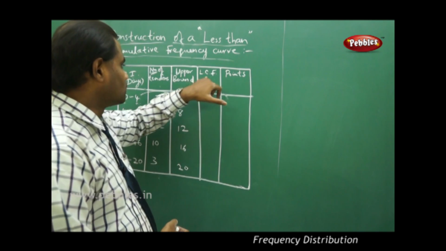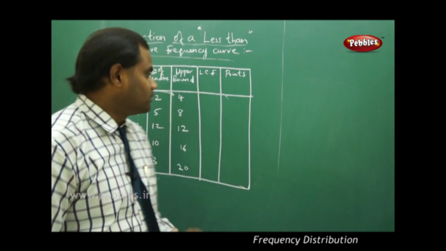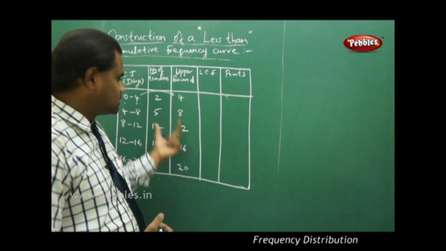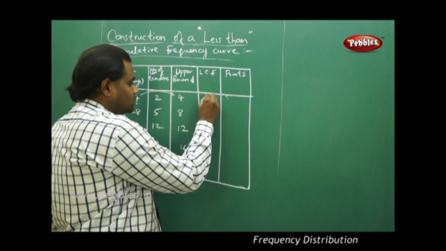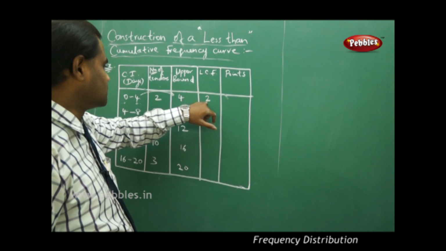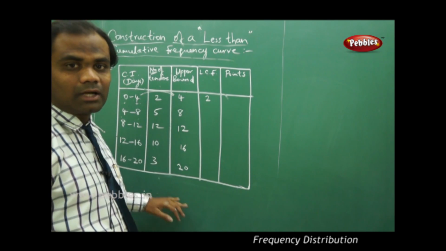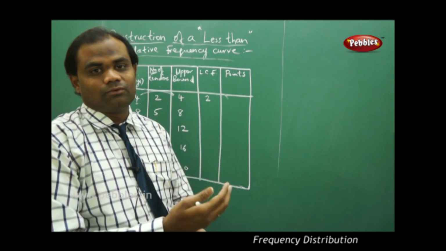So with this upper bound, how do I construct a less than cumulative frequency from the given frequency? As you've already seen, this is the frequency table given here. In this case, the lower or less than cumulative frequency is constructed from top to bottom, and the upper cumulative frequency is constructed from bottom to top, recollecting what we have already done.